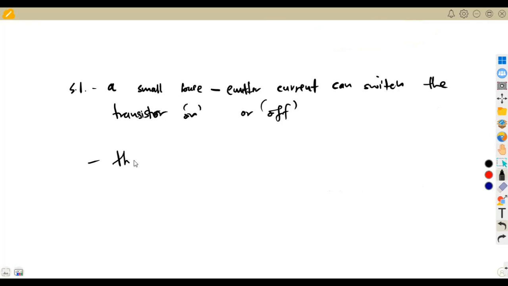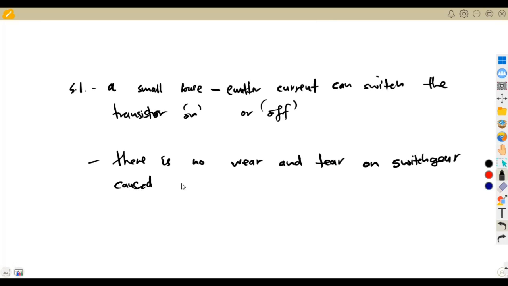Here, there's no wear and tear. So that is another part that you need here. Then it's much faster. We've got much faster switching times.